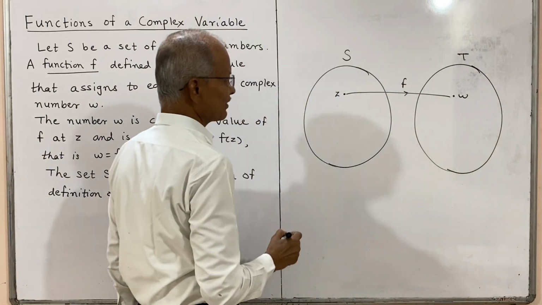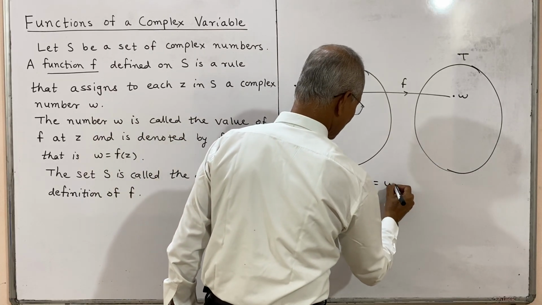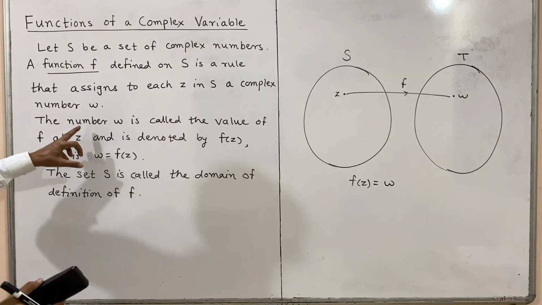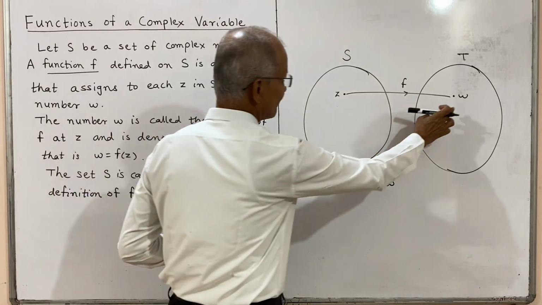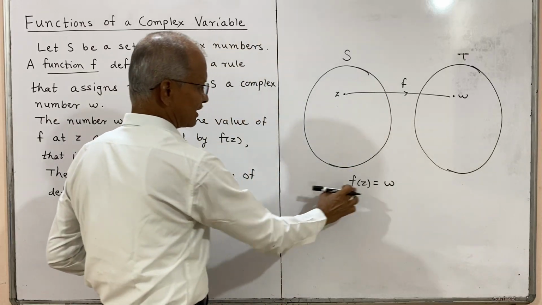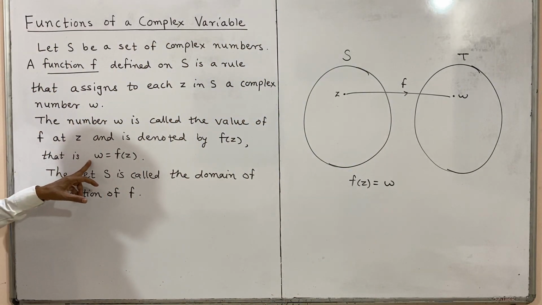This is denoted as f of z is equal to w, and the number w is called the value of function f at z, and it is written as f of z is equal to w, or w is equal to f of z.